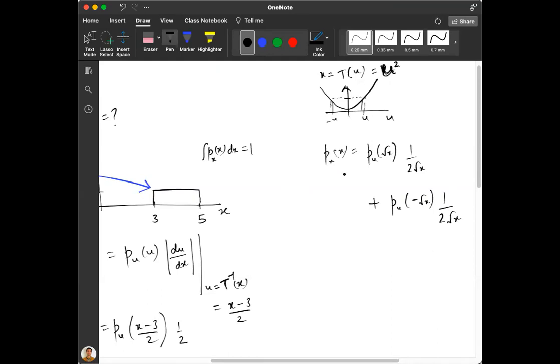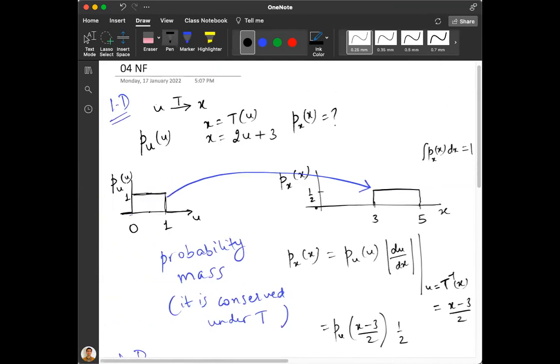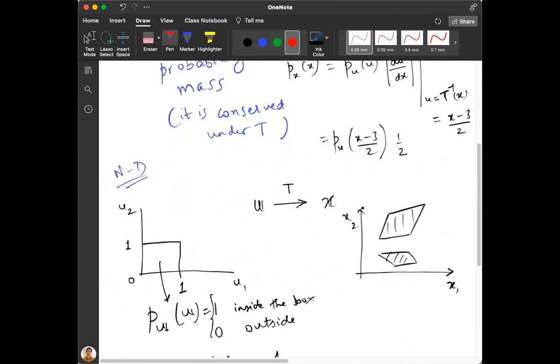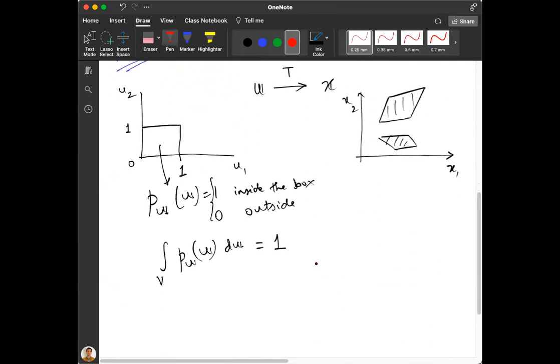So in this way, we derive the PDF when the transformation is not invertible. Basically, you get a summation term over multiple probability values. But anyway, this is not our concern. In this lecture, we are looking only at invertible transformations, where T is invertible. Is this clear?